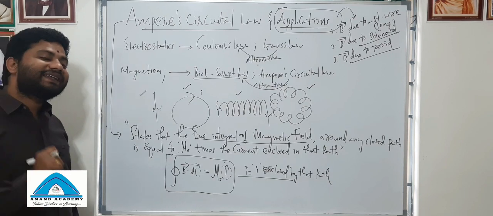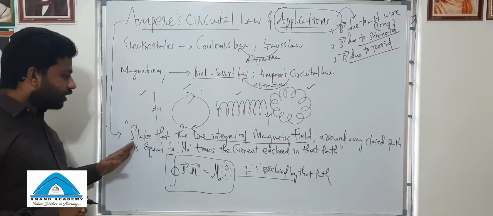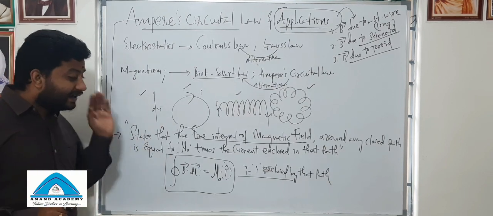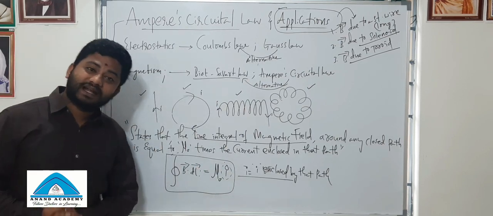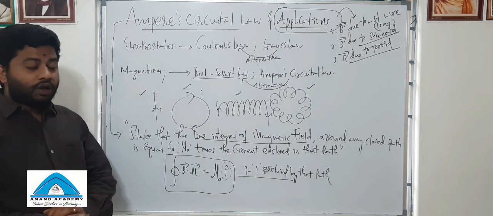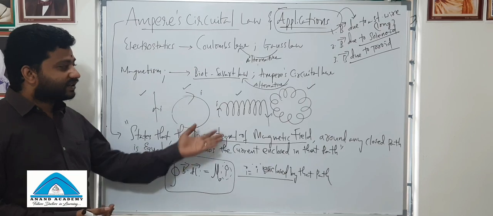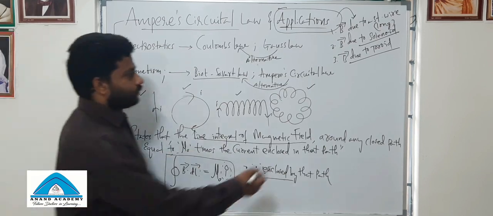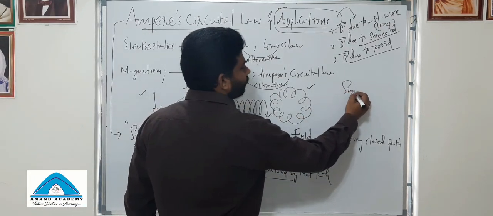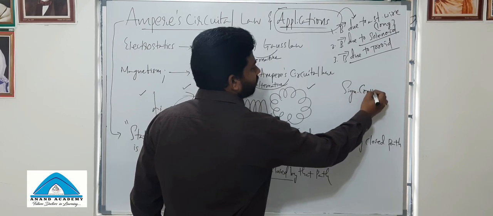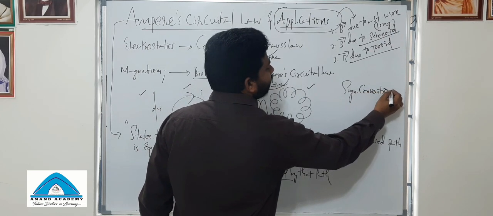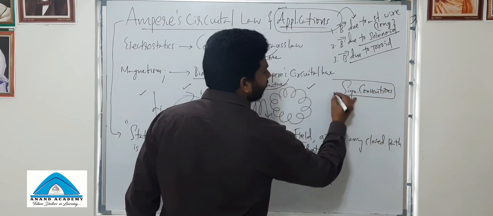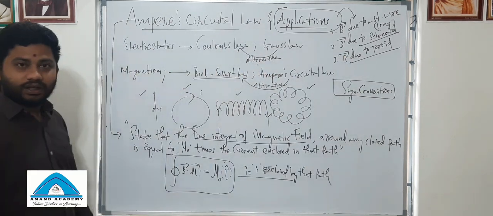So there are some sign conventions related to this Ampere circuital law, and especially current enclosed by that path. So the sign conventions we will be discussing now, related to the Ampere circuital law.